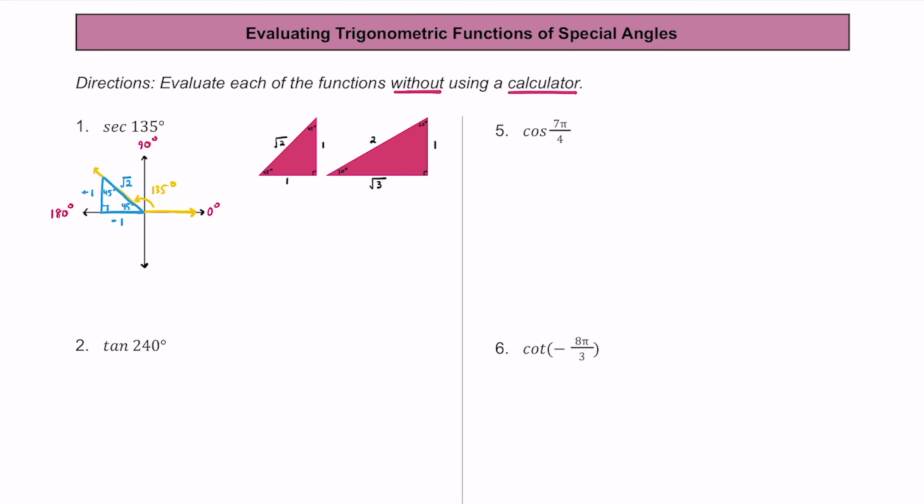Okay, so let's see if we can use these different measures to figure out what secant of 135 is. Now, keep in mind that secant is the reciprocal of cosine, right? So if we have secant of some angle measure, that's equal to just 1 over cosine of that same angle measure. So if we can figure out what cosine of this 45 degrees is in this quadrant, then we can figure out what secant is.